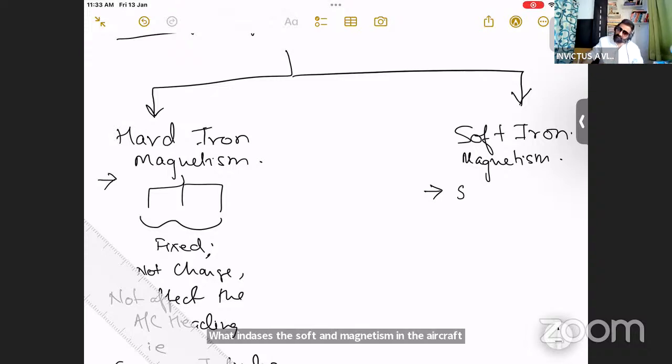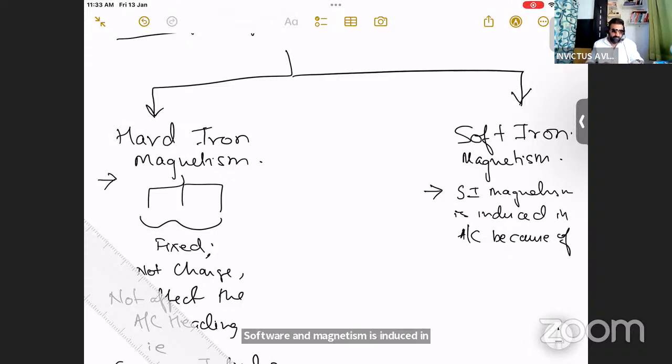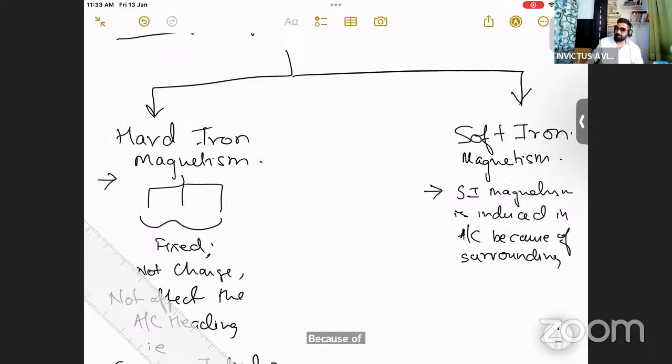You will write: soft iron magnetism is induced in aircraft because of surrounding magnetic fields.